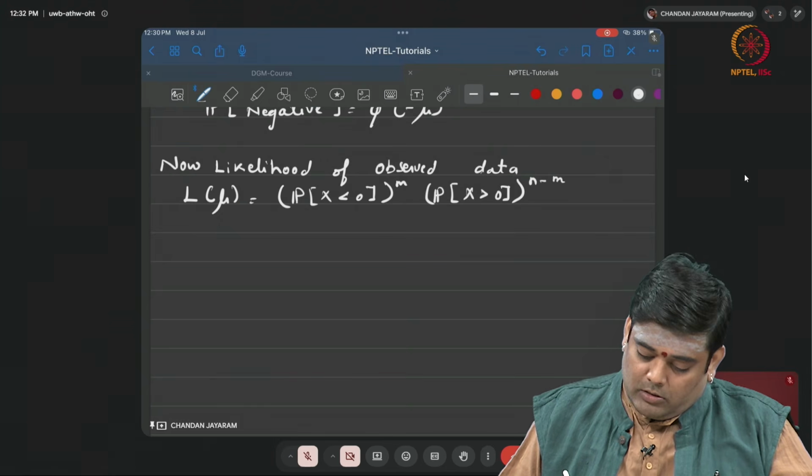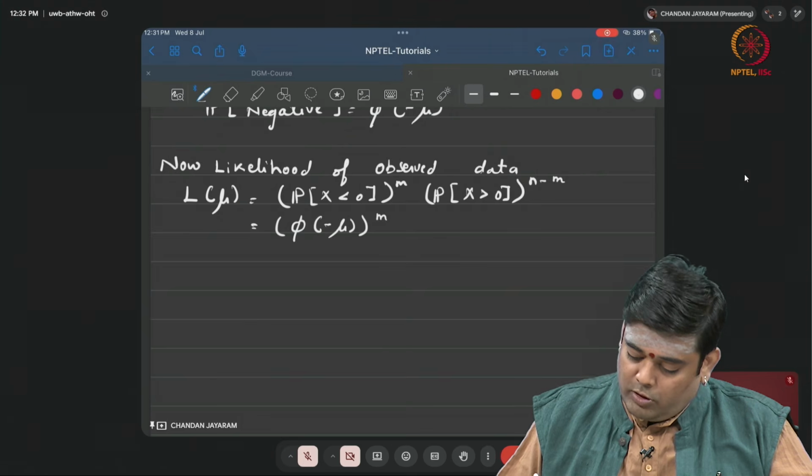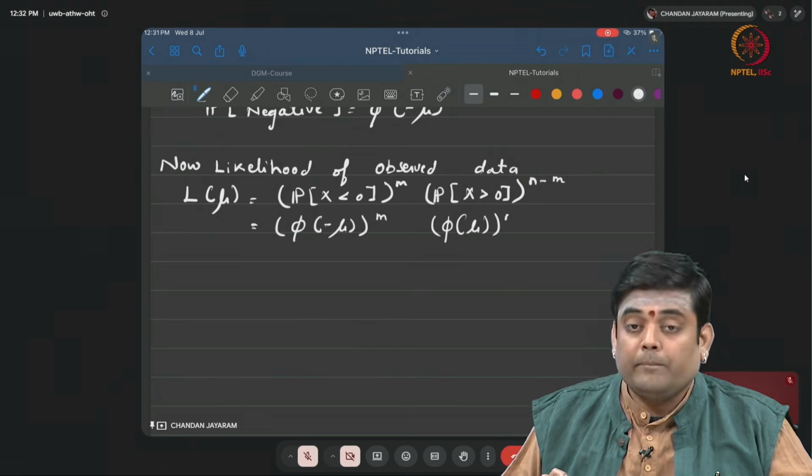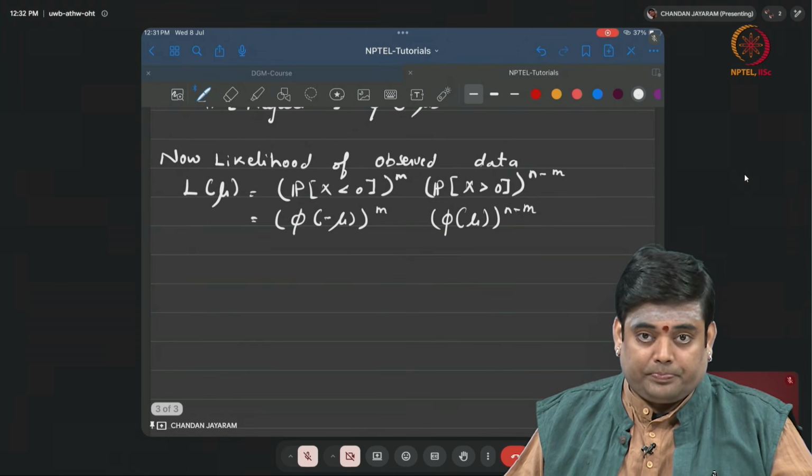This is phi of minus mu to the power of m, into phi of mu to the power of n minus m. So this is the likelihood.